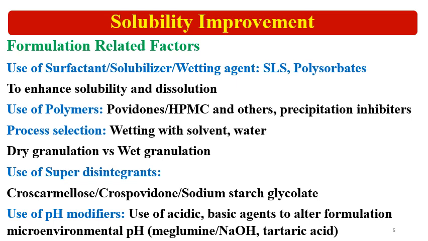Sometimes the use of acidic or basic excipients can improve the solubility of the formulation. These materials change the microenvironmental pH and thereby increase the solubility and dissolution. The basic materials like meglumine, NaOH, and acidic materials like citric acid, tartaric acid enhance the solubility.